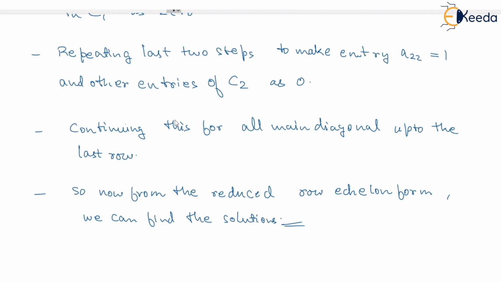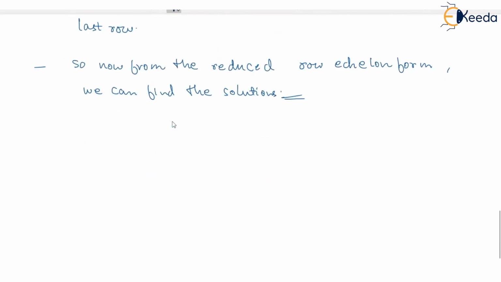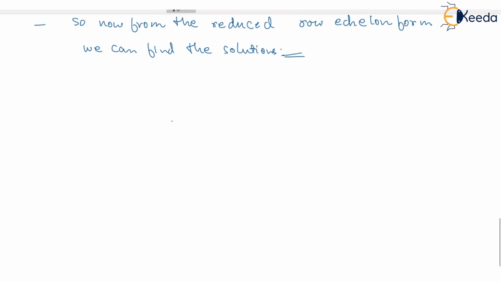Right? Trying to understand what we are going to do. Let's say we have an equation of this form: A11, A12, A13, A21, A22, A23, A31, A32, A33.